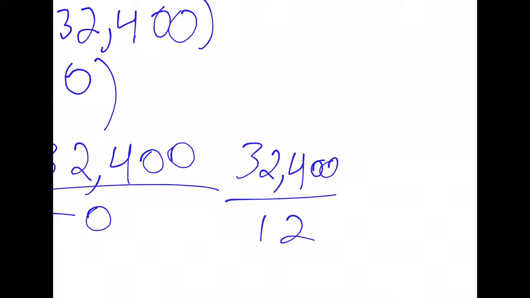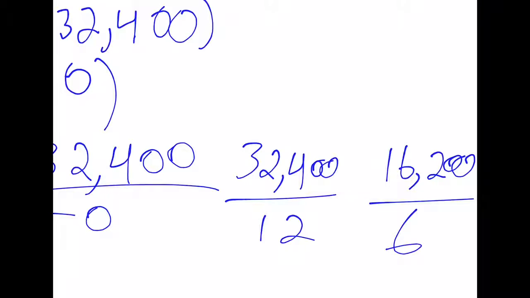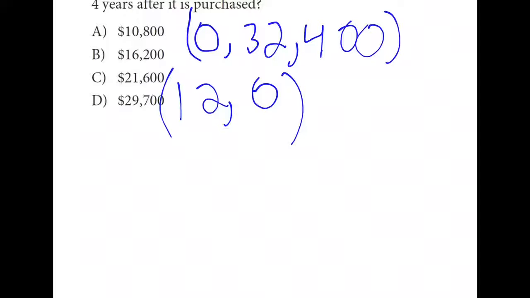So one trick to make this division go a little bit easier is I could cut both of these in half first. So I have 16,200 divided by 6. I could do the same thing again, and I have 8,100 divided by 3.